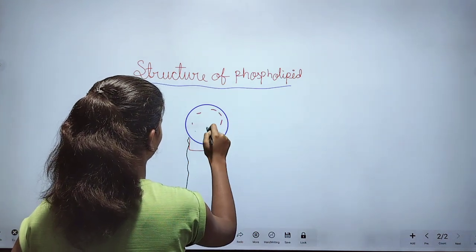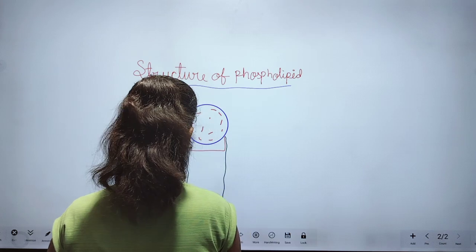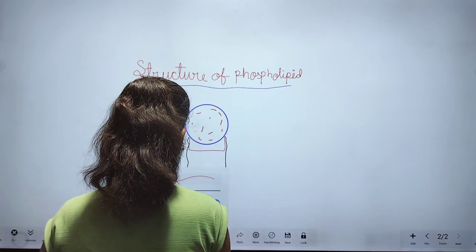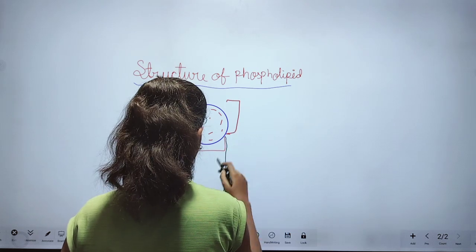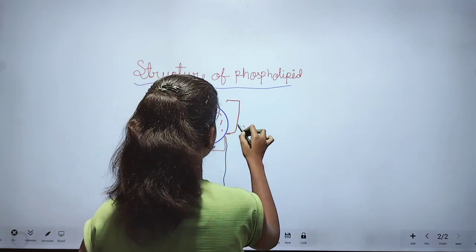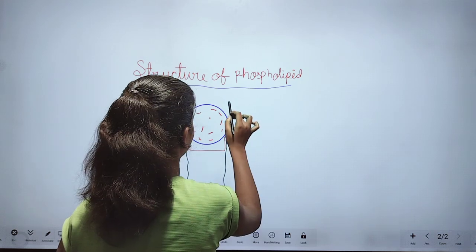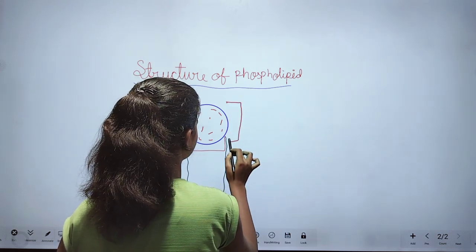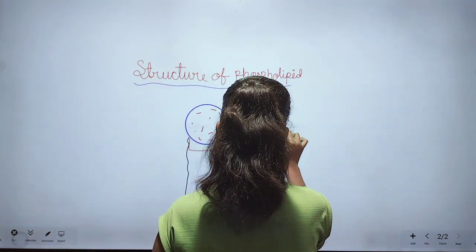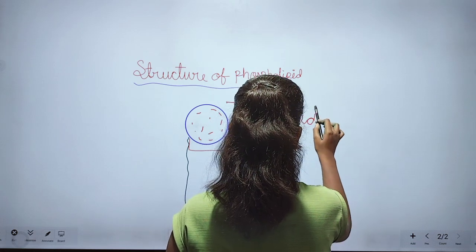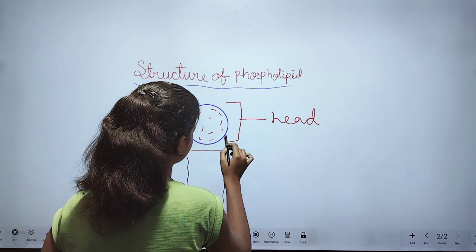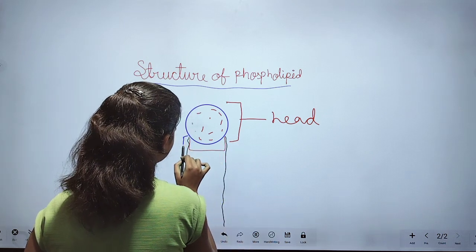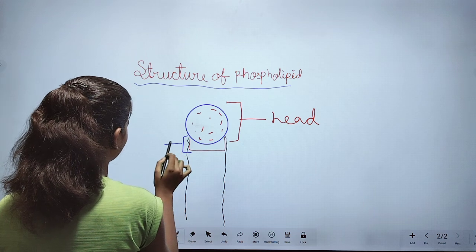This part is known as the head. Okay, this circle is known as the head. And this region is called the neck.